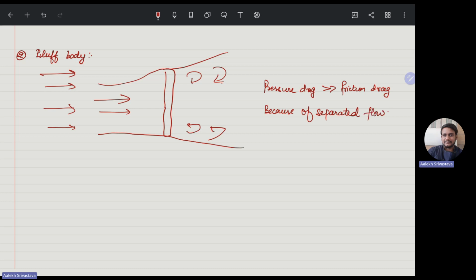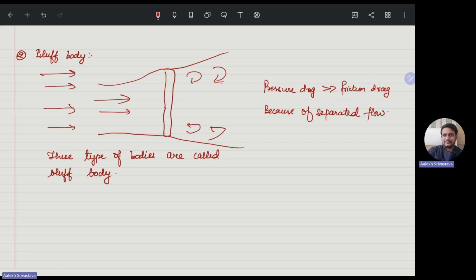And therefore, we say that a very large wake formation happens, and these types of bodies are called a bluff body.